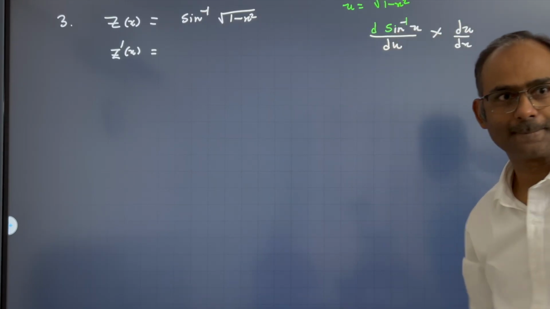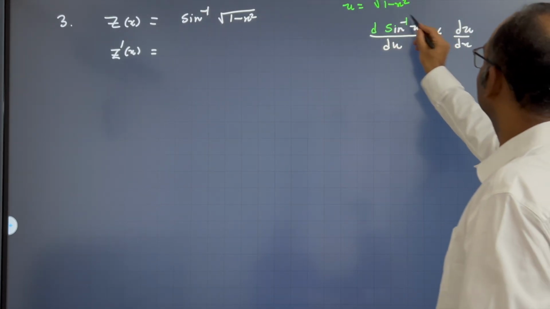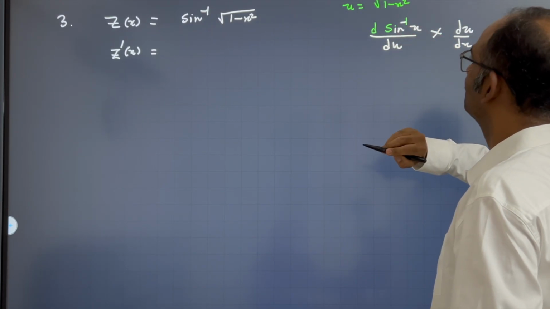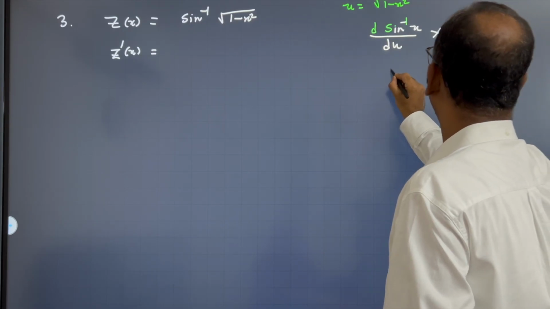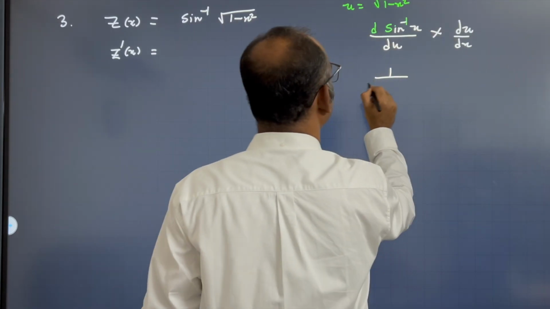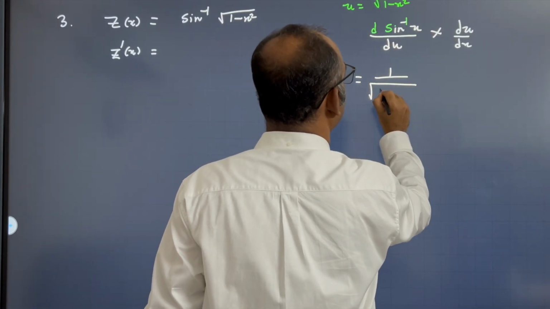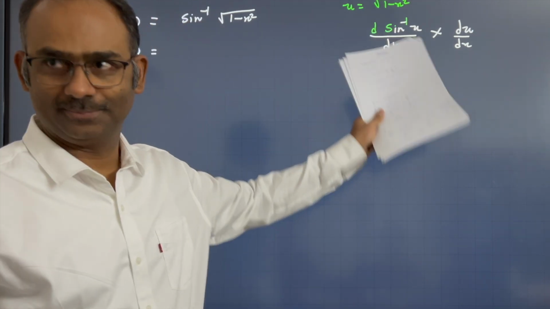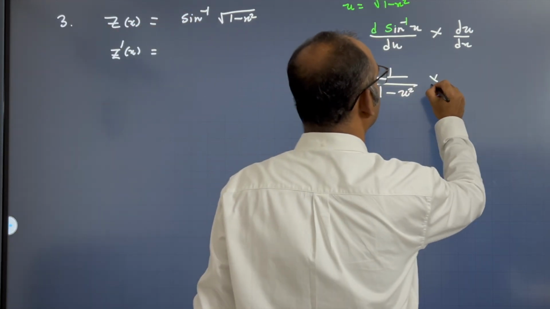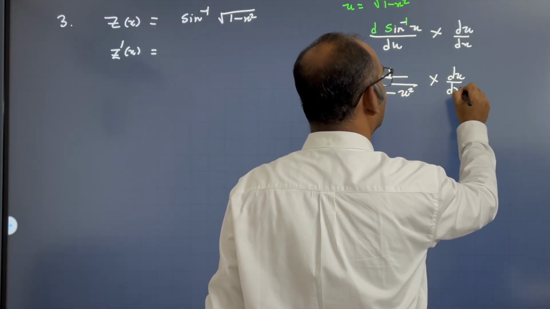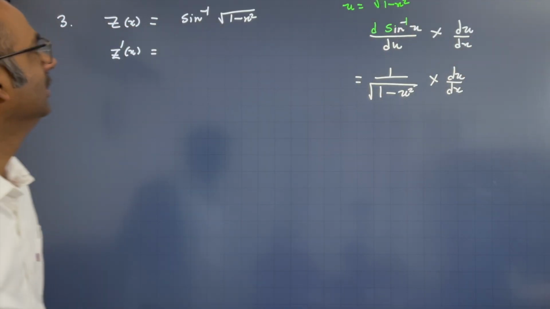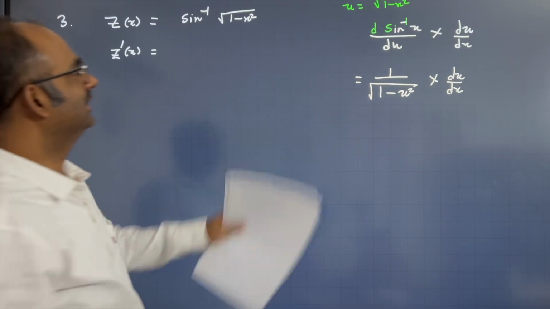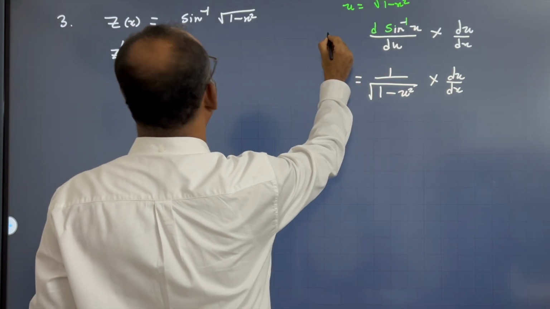Is that okay? Now what is d over du of sine inverse u? This is 1 over root 1 minus u square. Okay, now let's put u in, times du over dx. Okay. So let's put it here. So this is what, right? That's the derivative of.